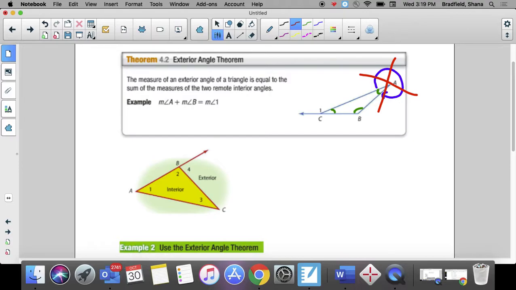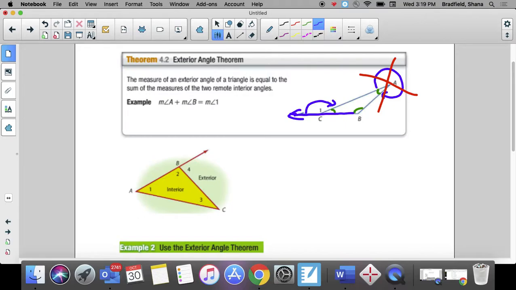To get that, we're going to take one side of our triangle and extend it out past the vertex and then create an angle with the adjacent side. If I had gone the other way, I would get 180 degrees. I want to do angle 1 here, and that's an exterior angle.